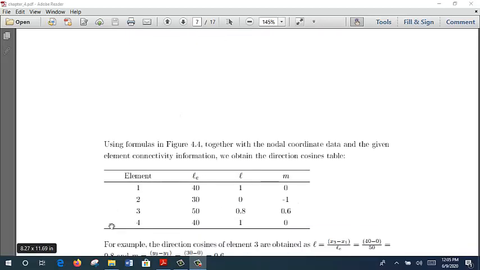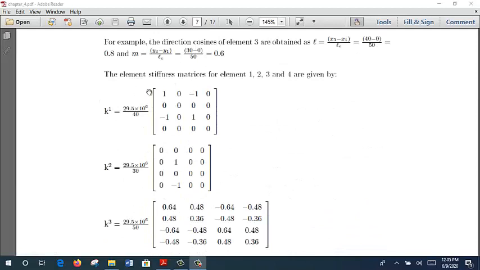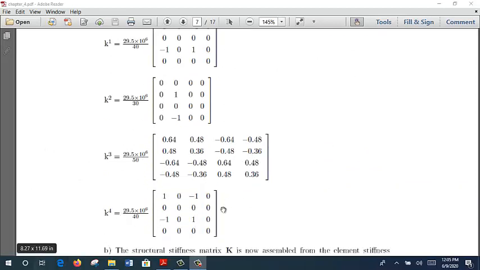You will get the stiffness matrix for element 1 is this, element 2 is this, element 3 is this, and element 4 is this, right? I recommend you try it on your own and see if you get the same result. This is very good practice for solving the problem in our final exam. It will help you more.